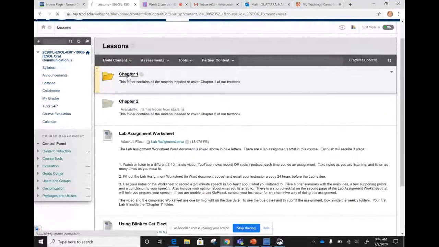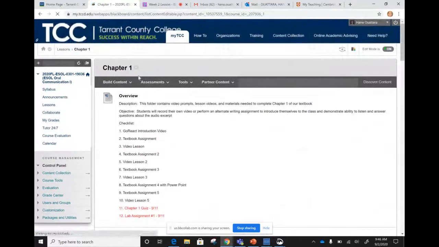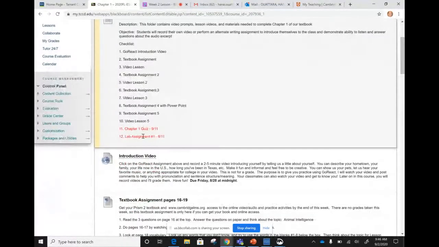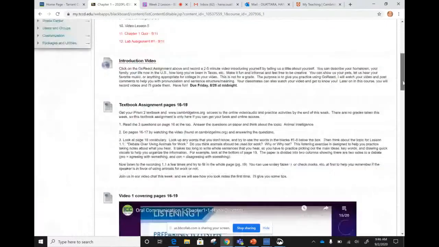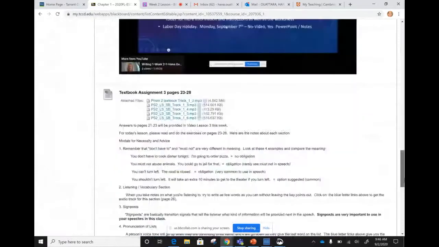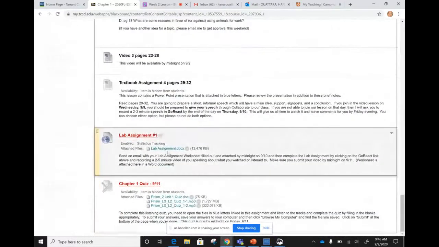Go up to the Chapter 1 folder, and it's going to be down at the bottom. You can see the 2 things that I'm grading next week are way down here at the bottom. So we go all the way down, and these 2 things you're going to turn in to me by next Friday.